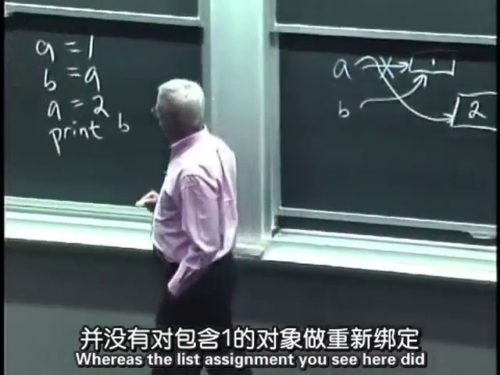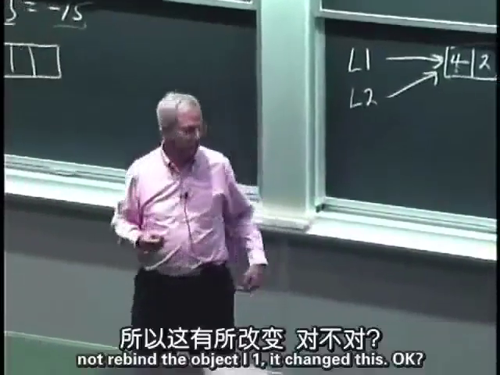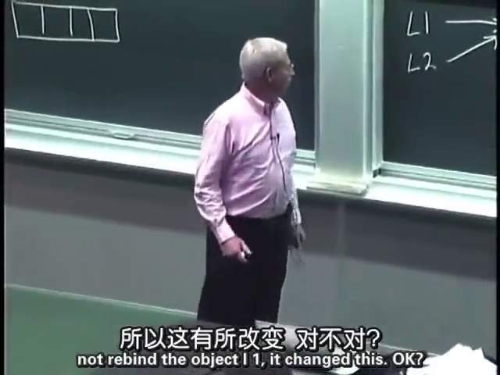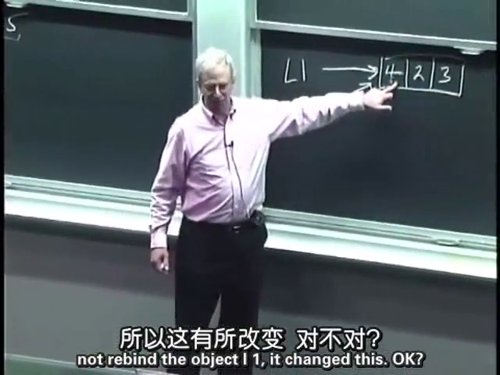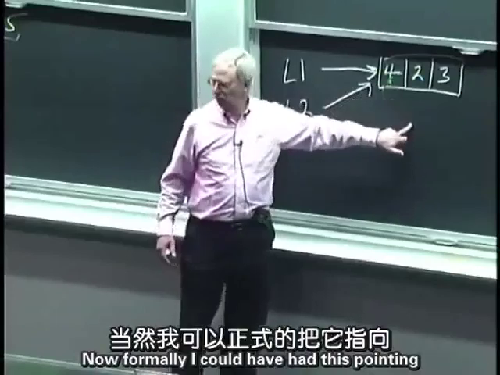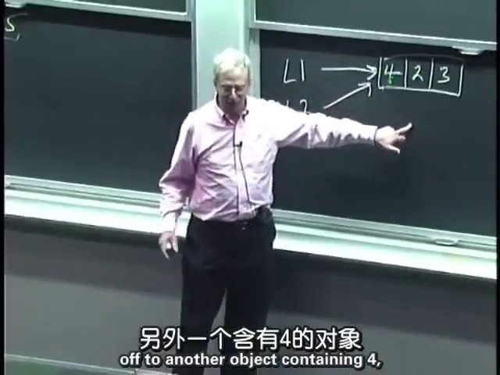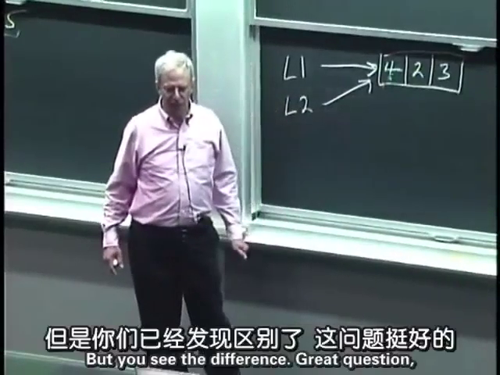Whereas the list assignment you see here did not rebind the object L1. It changed this. Now, formally, I could have had this pointing off to another object containing 4, but that just seemed excessive. But you see the difference?